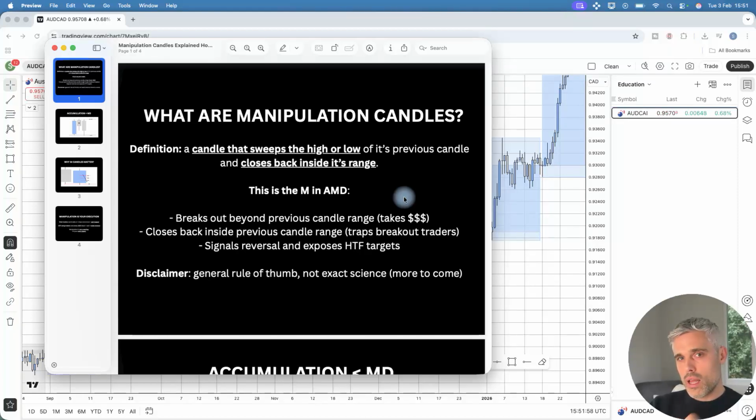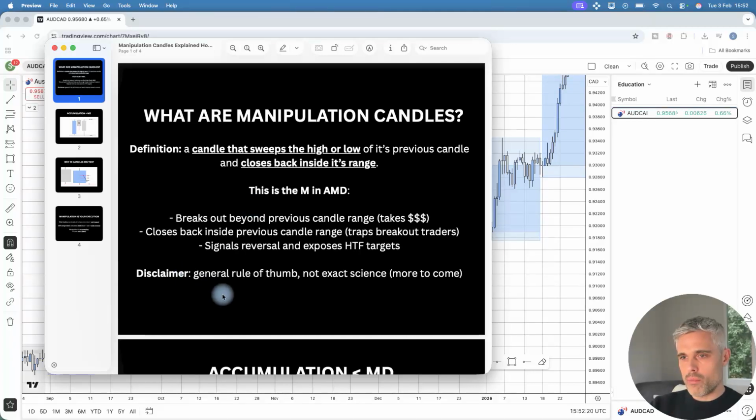And what happens? Their stops then get aggressively targeted, because more liquidity means more institutional volume. So in reading the price action, we can find the signal for the reversal, which then exposes our higher time frame targets. Targets are what drive our trades.